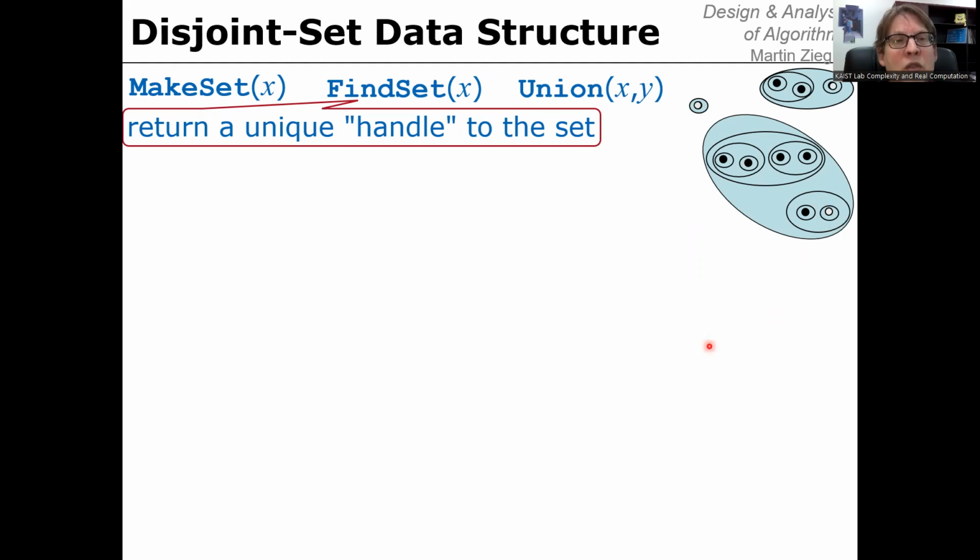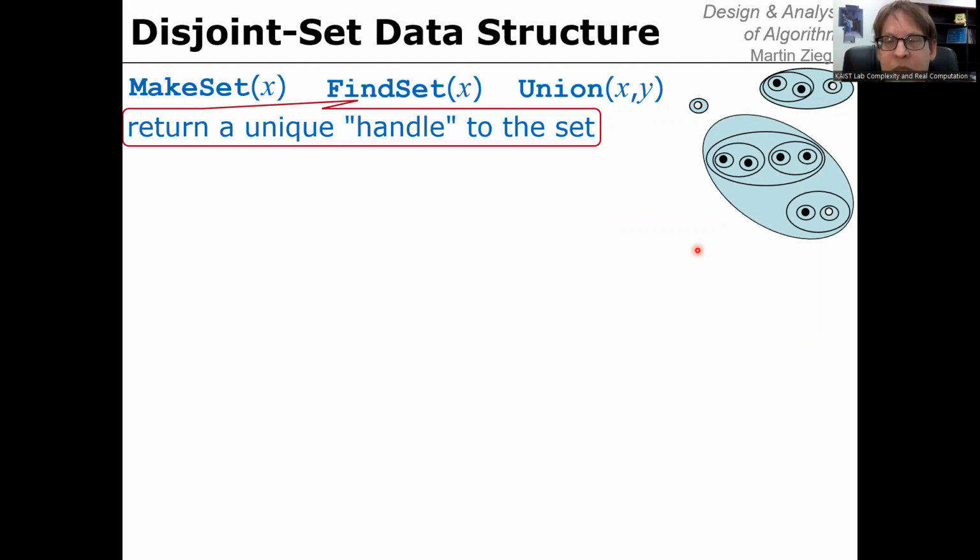And if the user calls find set with this argument, then of course the return value will be the same. Whereas when the user calls find set with this argument, then this is going to be the return value in this example.